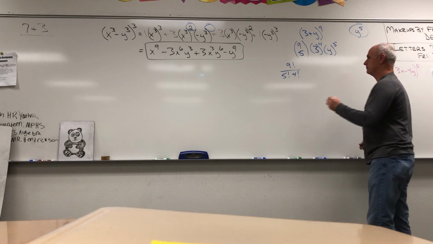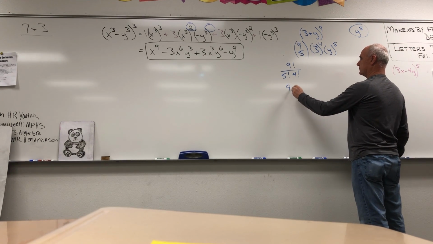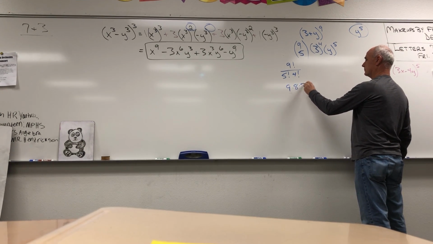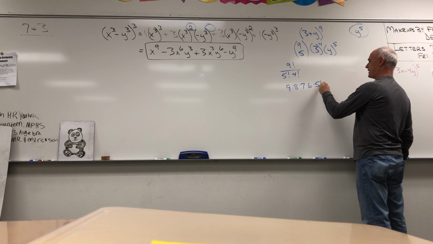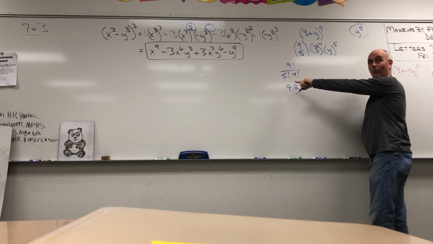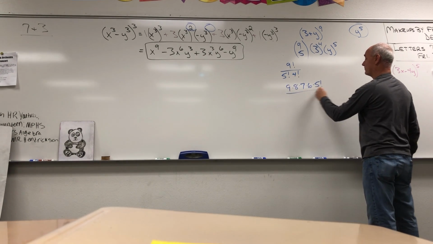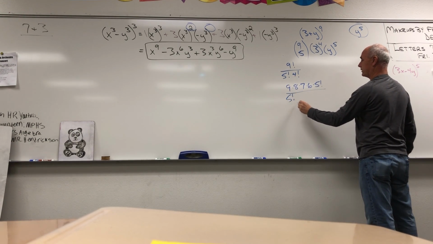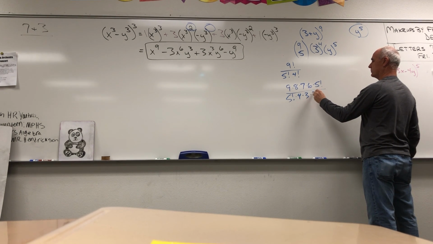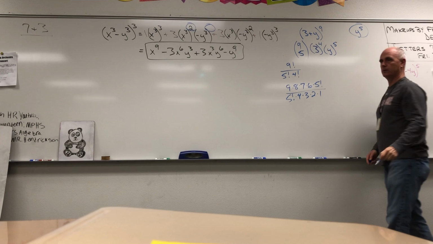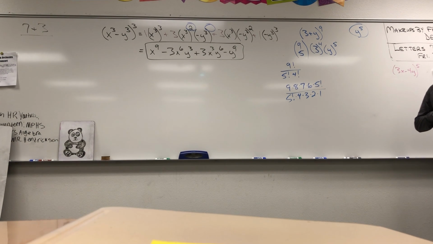How do we do that? 9 times 8 times 7 times 6 times 5 factorial over 5 factorial times 4 times 3 times 2 times 1. Remember what we said earlier in the chapter?